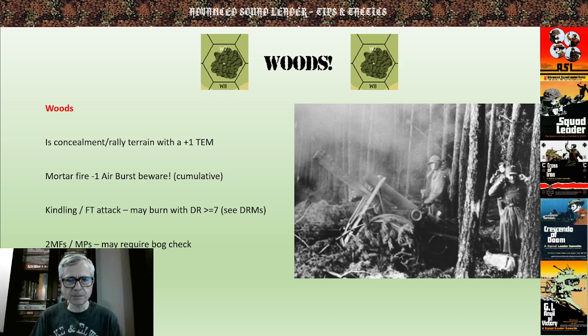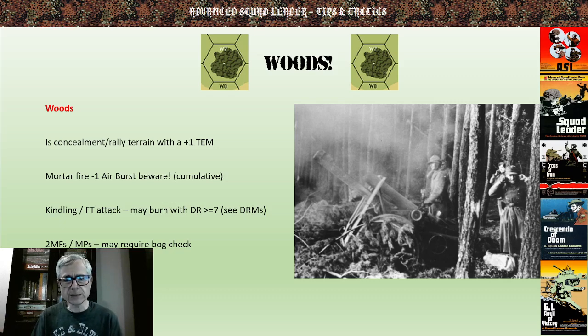There's a +1 TEM. With mortar fire, you have a -1 air burst, and beware because it's cumulative. So if your opponent is capable of putting an entrenchment in the woods, it'll be a +2 for the entrenchment, -1 for air burst. The net amount will be a +1. There's kindling.